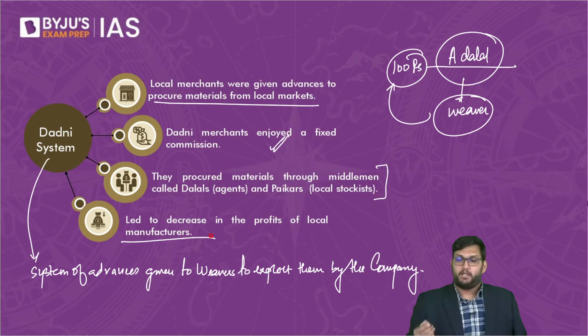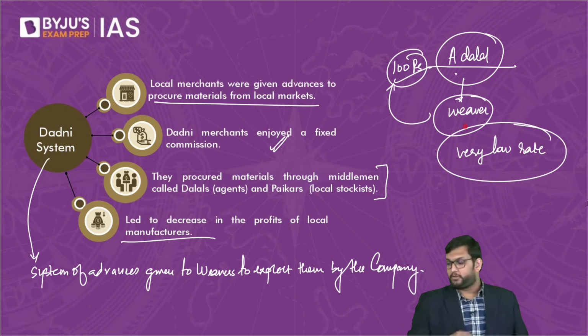So the dalal gives 100 rupees advance to the weaver, and asks the weavers to produce at a very low rate. He's a broker. It's exactly how Ryotwari works, but basically for weavers. Simple point I'll tell you.